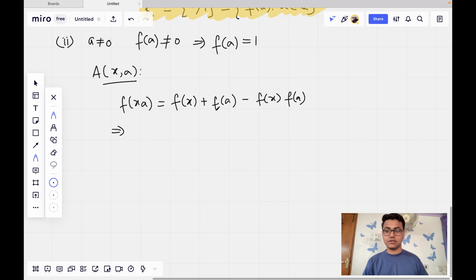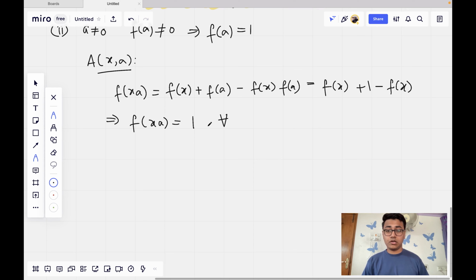This value f of a is equal to 1, so the right hand side is f of x plus 1 minus f of x. So f of x a is equal to just 1, and this is true for all integers x. So whenever you put a non-zero integer x here, you will get f of x a is equal to 1.